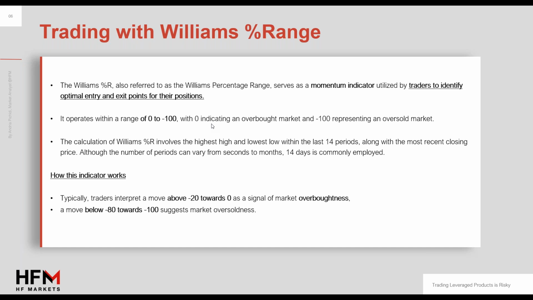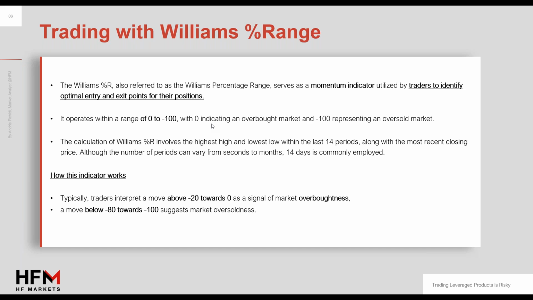So the basics of how traders usually use it is by monitoring the area between 0 and minus 20, and the area between minus 80 and minus 100. So these two areas.